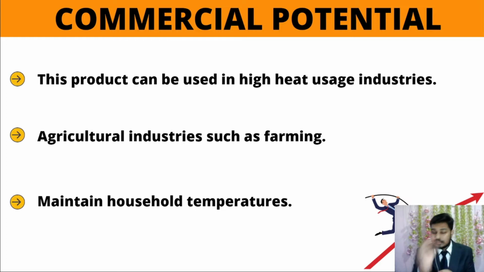So this automated temperature exhaust fan can help them with this required temperature. Next is households. As I mentioned earlier, every household also needs to maintain their surrounding temperature. So all these three are very important factors in boosting the commercial potential for this particular product.